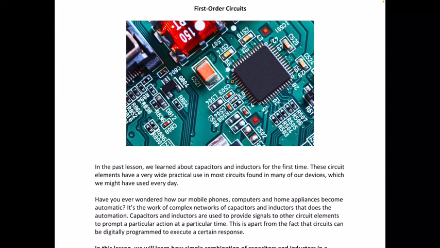So, in our analysis with respect to time, these circuits with capacitors and inductors can operate like a domino effect, in which once a basic unit of the circuit becomes triggered, the rest of the circuit can also be triggered, which will prompt a particular action at a particular time. So that's the importance of why we need to analyze circuits also from the perspective of time.